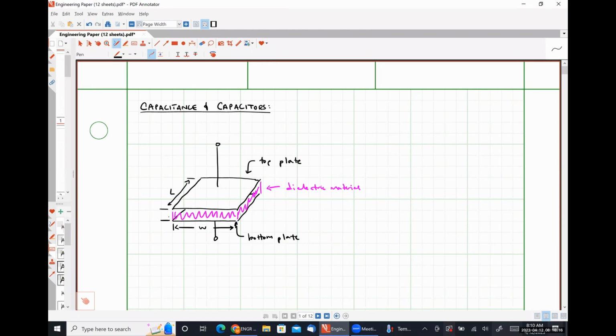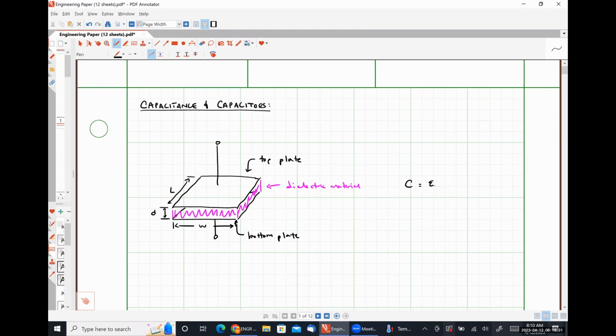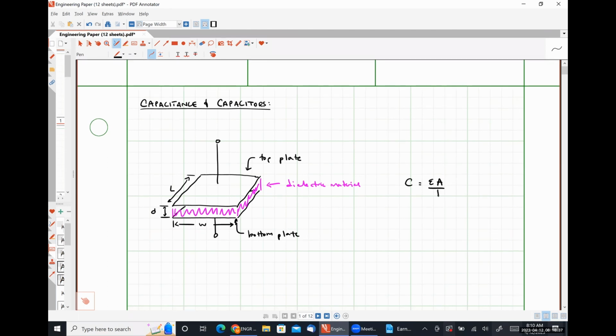And then there is a gap separating the plates, labeled as D. And so geometrically, the capacitance of a parallel plate capacitor is given by epsilon A over D, where that epsilon is related to the dielectric medium that's between the plates.